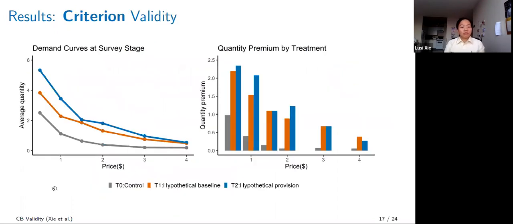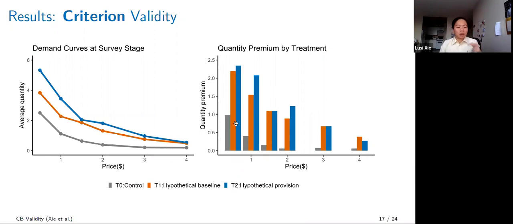So for the convergent validity, these two graphs show what we do with the non-parametric test. To detect the existence of hypothetical bias, we test the equivalence of dots on the blue line or red line versus the dots on the green line, and similarly for blue or red bars versus the gray bar.